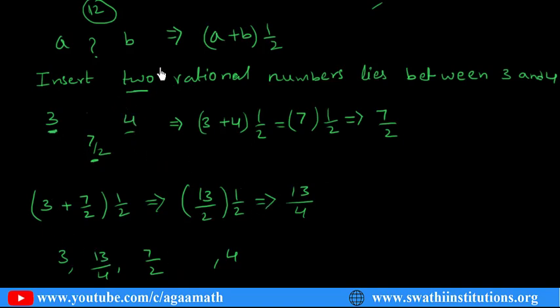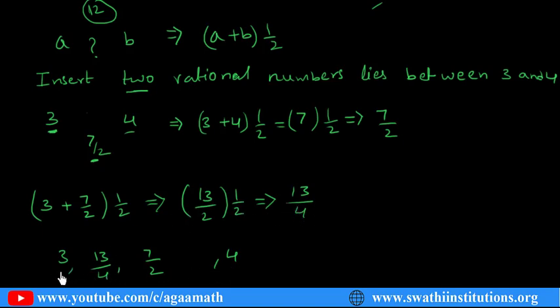If they ask for 3 rational numbers, you can consider these two or these two, so that you can find one more, right? If you would like to find 3 or 4, whatever it may be, we just go on doing the same process.